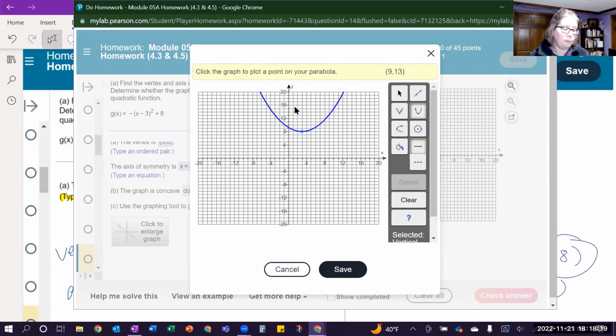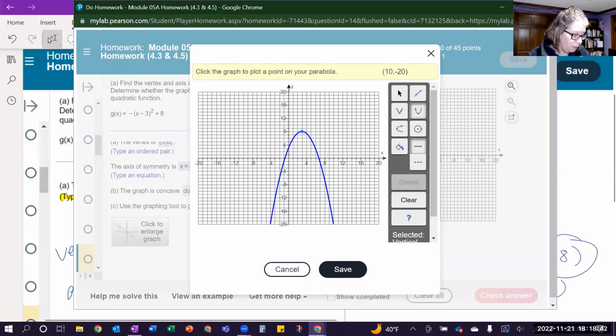Now I'm just moving my mouse until it says in the yellow strip, click the graph to plot a point on your parabola. Well, it didn't guide me to find any other points. It guided me to find an axis of symmetry and its concavity in terms of up or down.